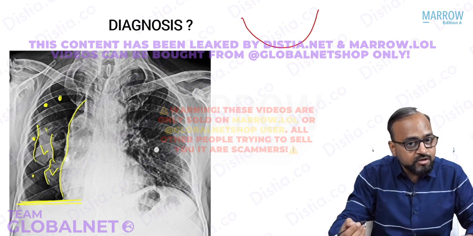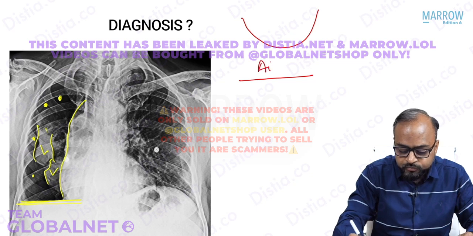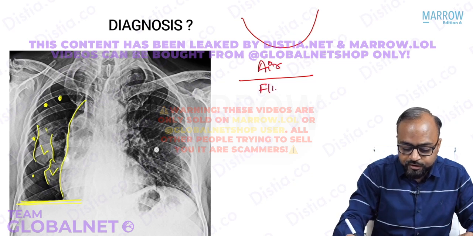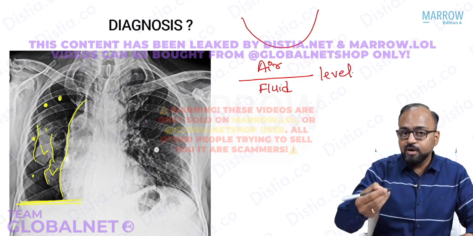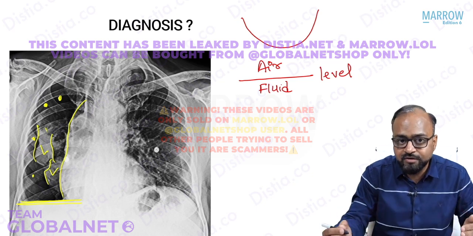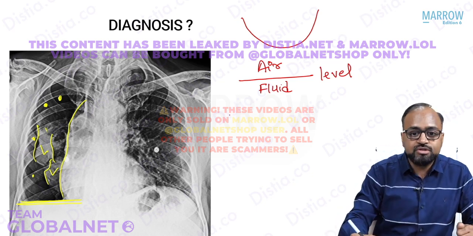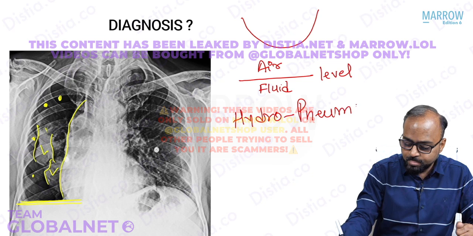But remember, whenever in the pleural cavity you see a perfectly horizontal air fluid level, air above it, the fluid below it in the dependent part, and a sharp horizontal level, then remember the diagnosis is hydropneumothorax.